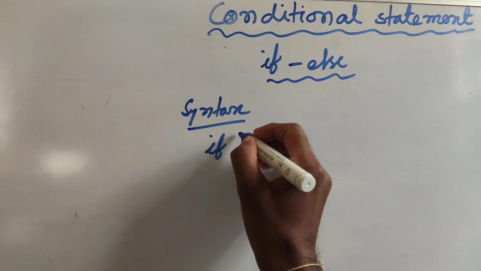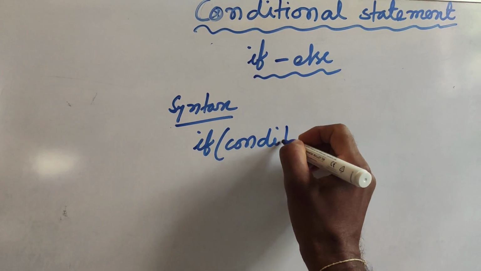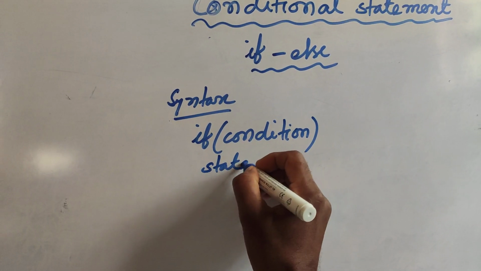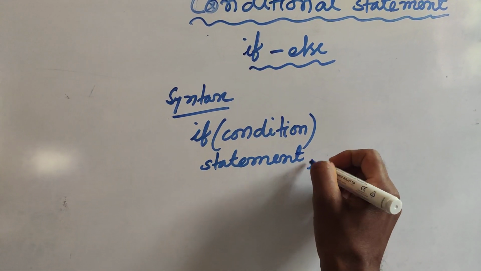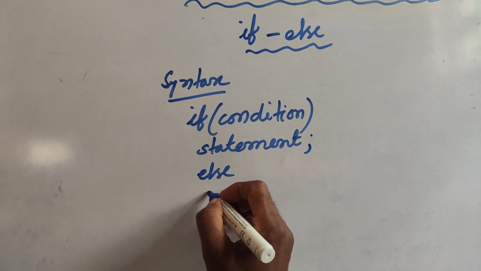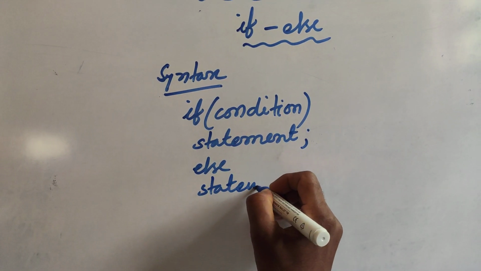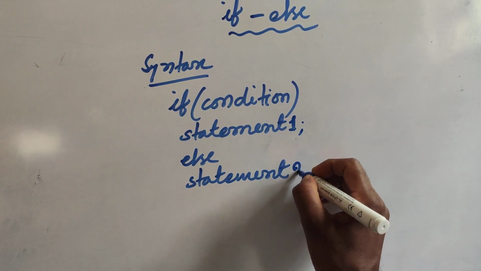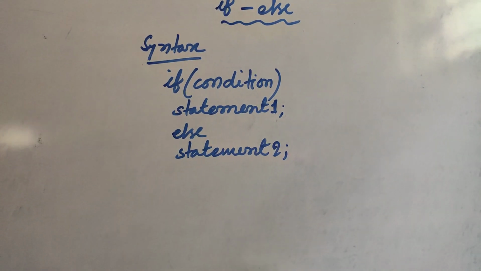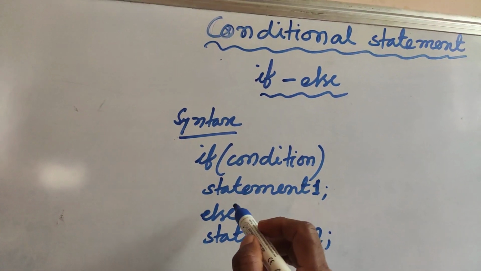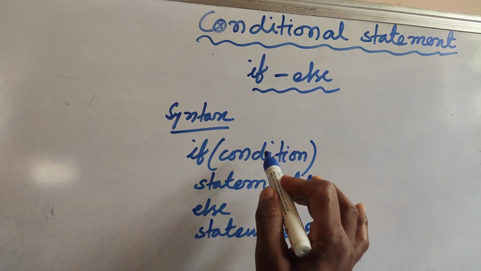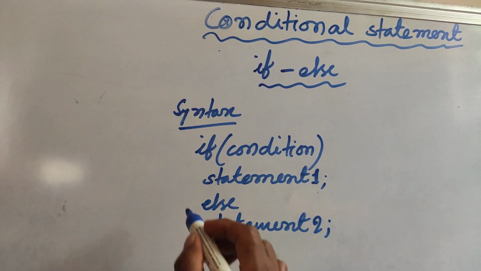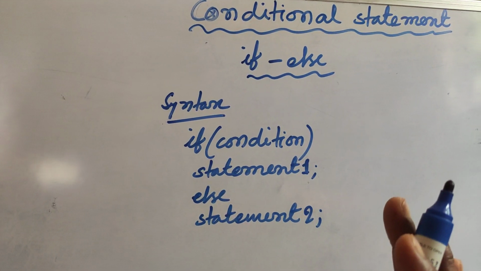Syntax: if condition, then here is statement 1, else statement 2. Just to differentiate, I am writing statement 1 here and statement 2 here, which should be different statements. With this we are saying if it is true, the computer reads this one. If it is false, the computer reads the else part. So the else part is treated as the false part. This is the true part and this is the false part.